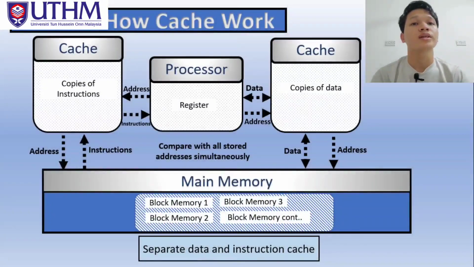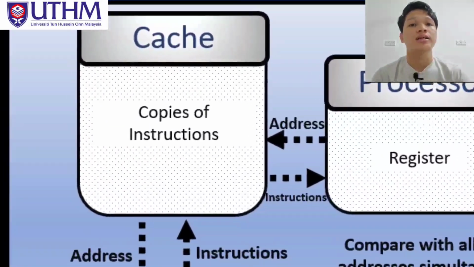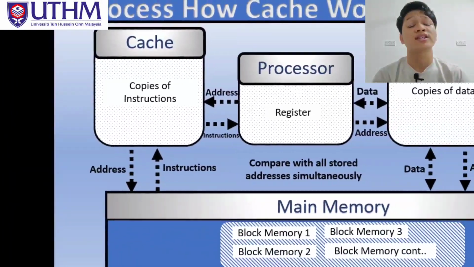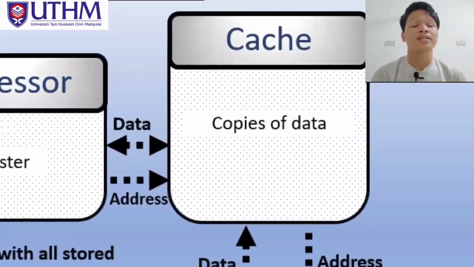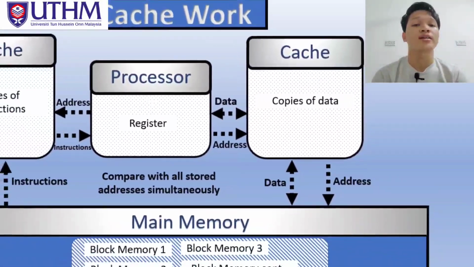Now let's move to another slide, which is our cache process with separate data and instruction. These are two physically separate parts, where one part is called the instruction cache, dedicated to holding instructions, and the other is called the data cache, dedicated to holding data.